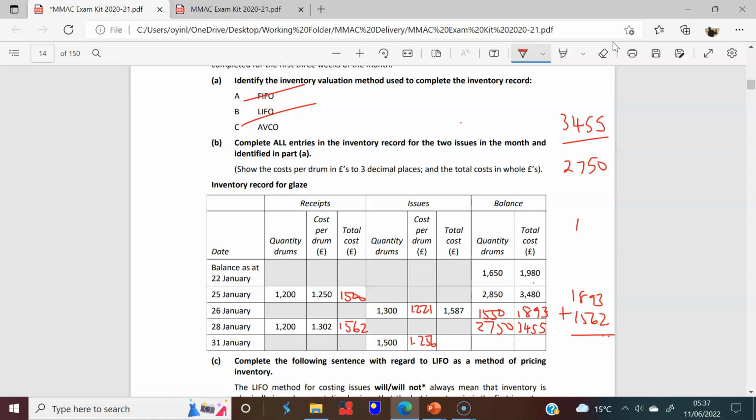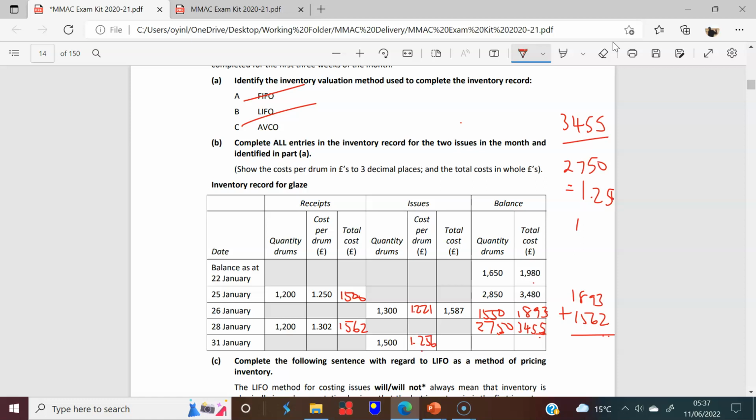I'll keep it in your calculator. Now multiply that by your issues.